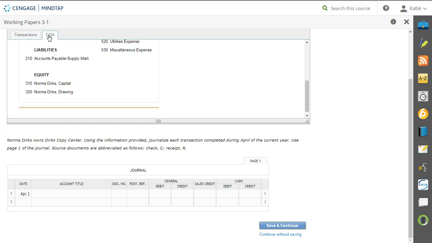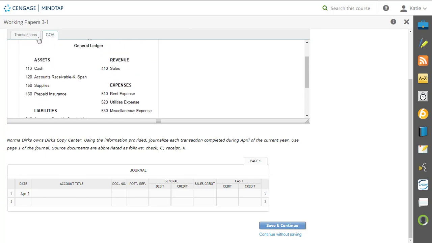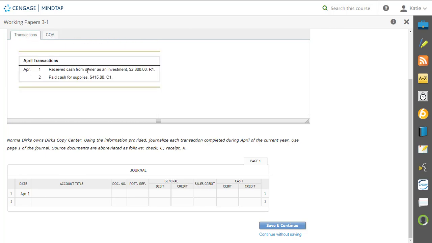So we know that we have our chart of accounts, the COA. So we know we're doing cash and then the name of the owner, capital. Do we have a special column for cash? Yes. So you know what that means? We will never write the word cash right here, ever. Do we have a special column for Norma Dirks Capital? No. So that has to be written here.